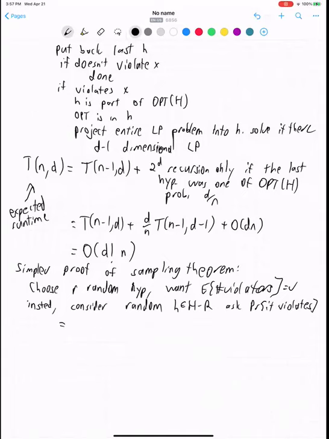And that is just equal to the expected number of violators divided by n minus r.